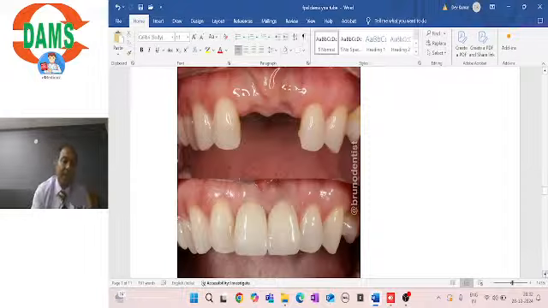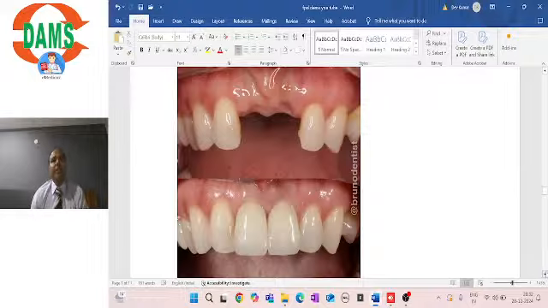So if somebody asks you which is the best material for anterior replacement of the teeth, the best aesthetic material is E-Max crowns or the pressable ceramic crowns, or we can say lithium disilicate, LIDC crown. LIDC, short form for lithium disilicate.